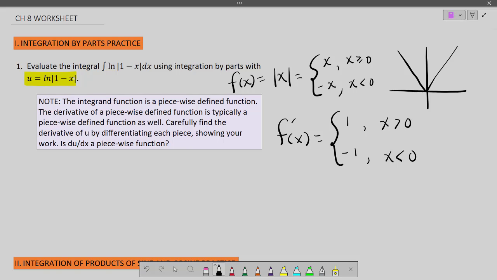Because ideally, whatever you let u be, in order to create uv minus integral of v du, ideally u is not a piecewise defined function. That'd be kind of weird. Piecewise defined function times v. So play with that. Carefully go through this same process.